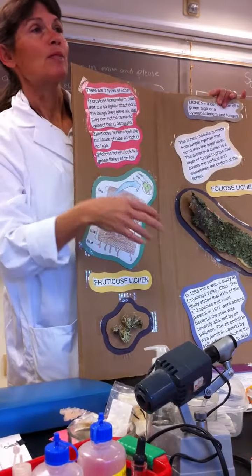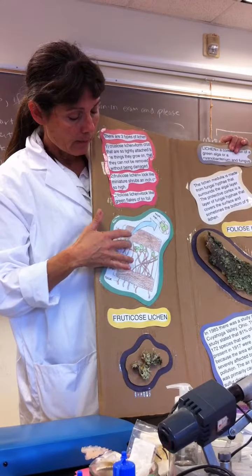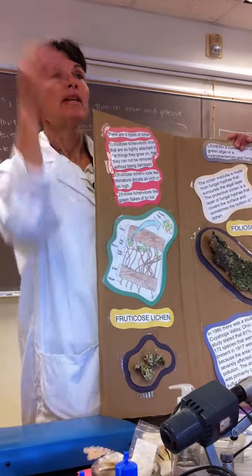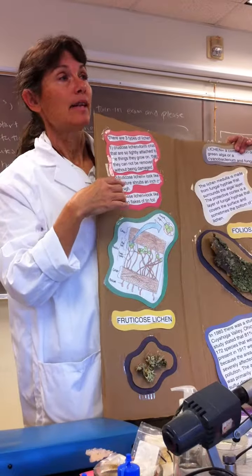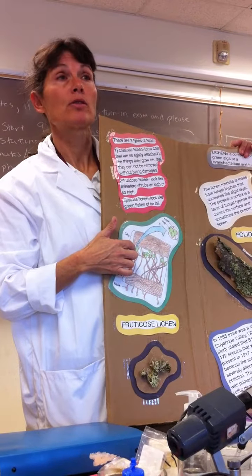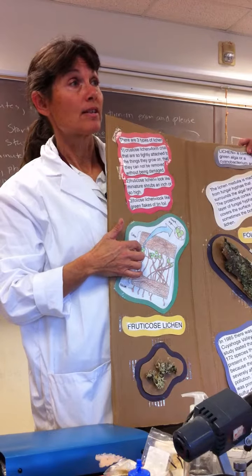It could be on some man-made structure like a building. So the fungi provide support and attachment to a surface that will receive sunlight. And of course, that's a huge benefit to the symbiotic partner, the algae or cyanobacteria, because they need sunlight to carry out oxygenic photosynthesis. Okay?